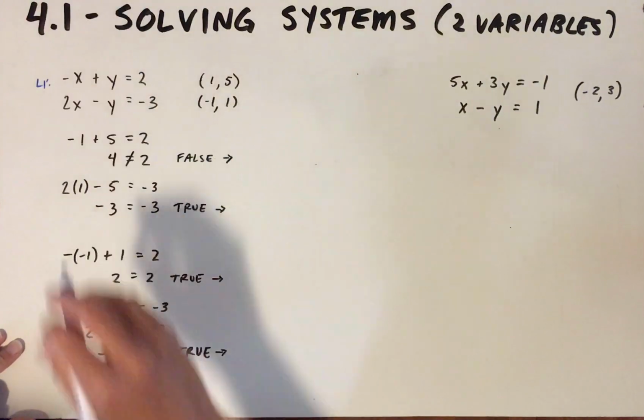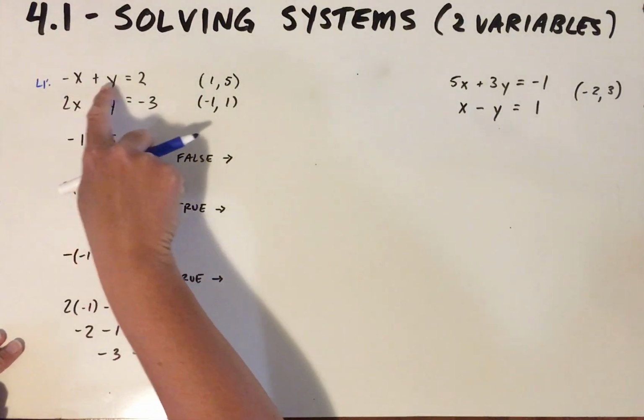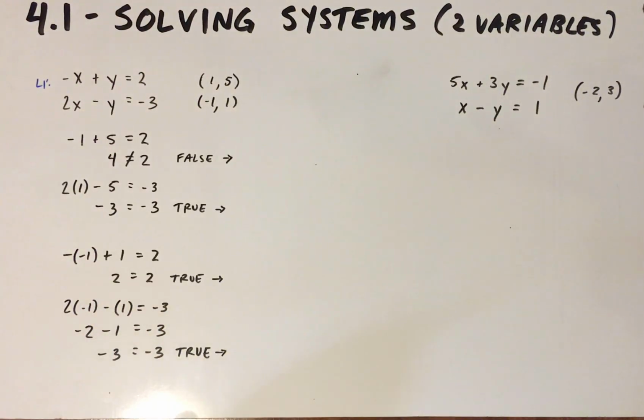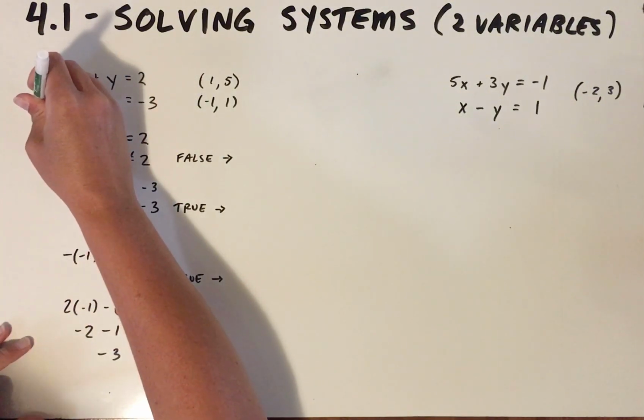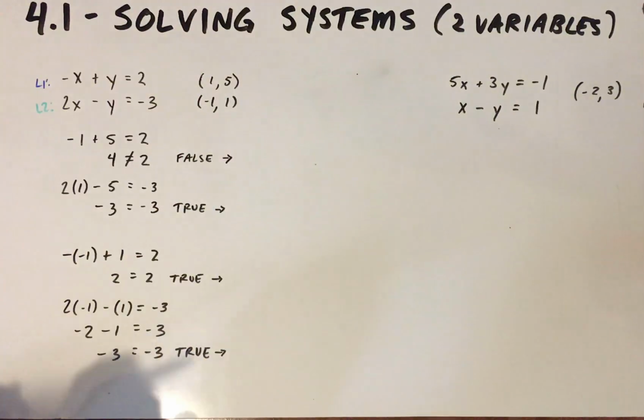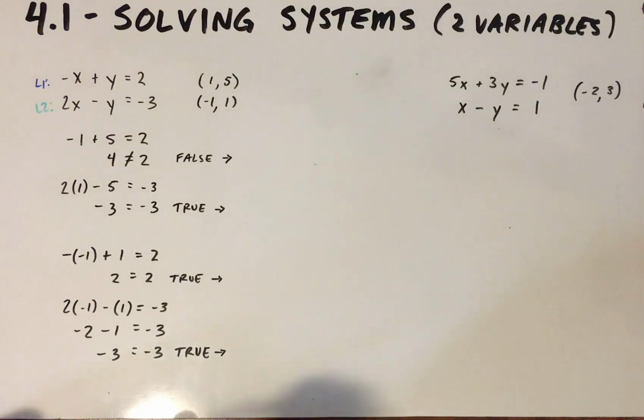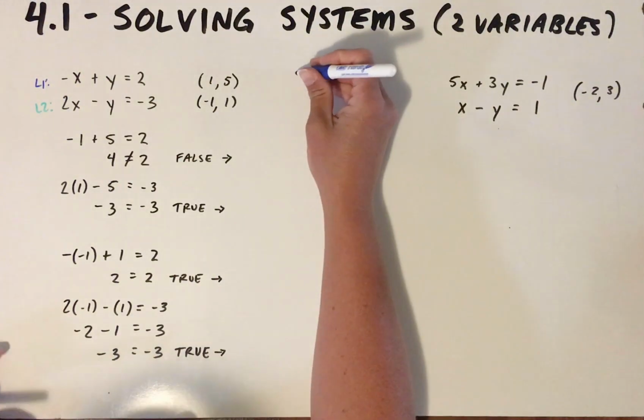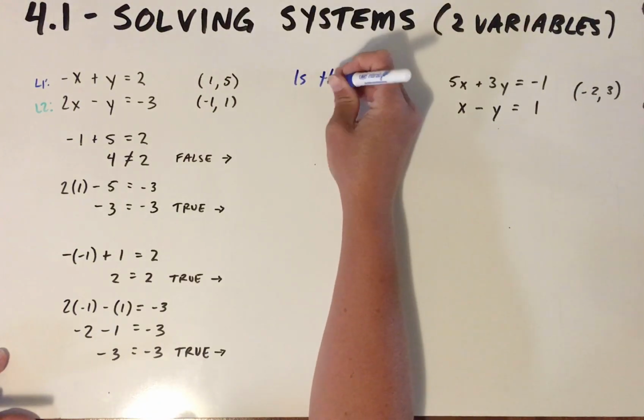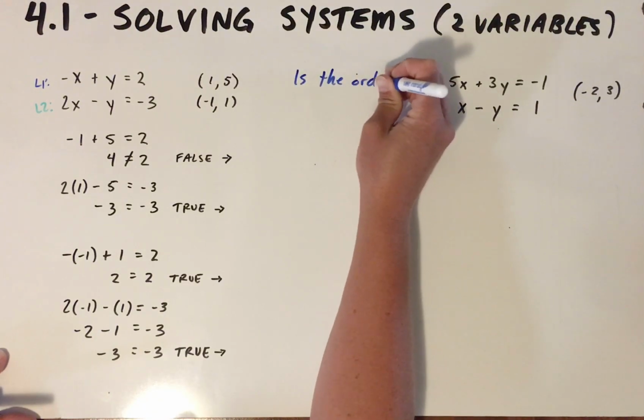So this first equation represents line 1. This second equation represents line 2. Okay, and if we're looking at line 1 and line 2, when we ask, is an ordered pair a solution to the equation?